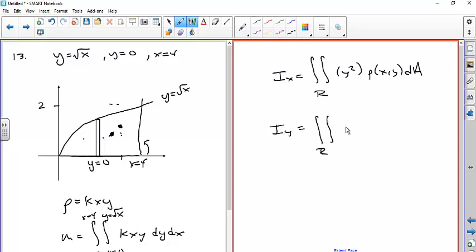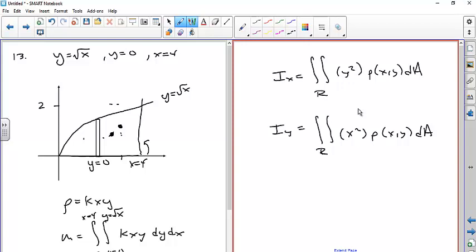So you position your areas so that they're relative to the x and y axis, or where you're trying to figure out the moment of inertia around. So you get x squared times rho of xy times dA. So you can see with these particular cases that the only difference is that I'm going to be multiplying by one additional variable, but it doesn't make the whole process that much different or more difficult.